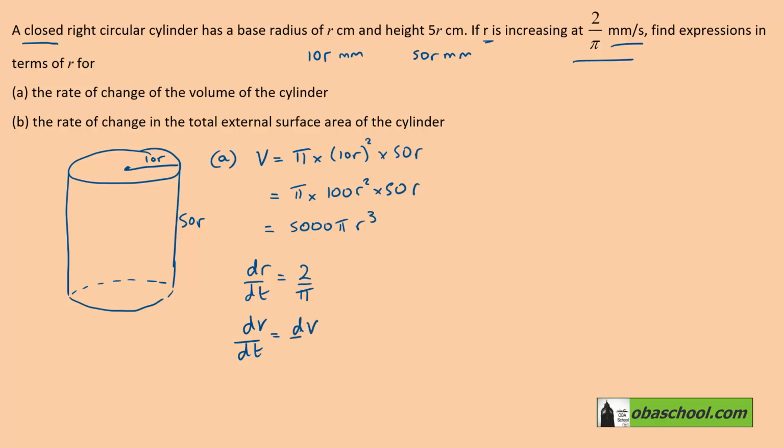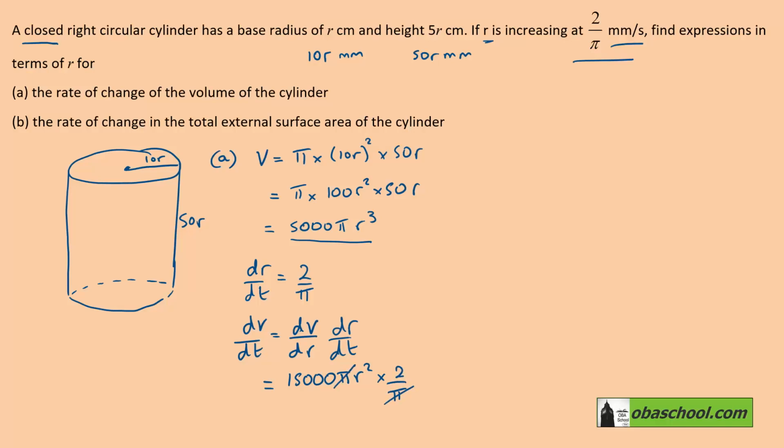So that would be dV dr times dr dt. Now, dV dr means differentiating this, so that's going to be 15,000 pi r squared, and then we're timesing that by 2 over pi.